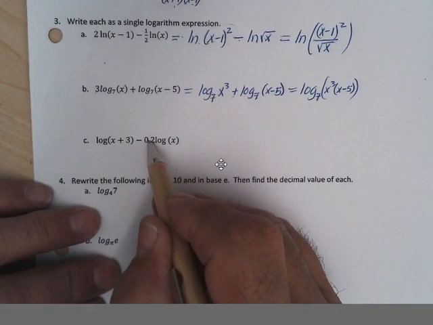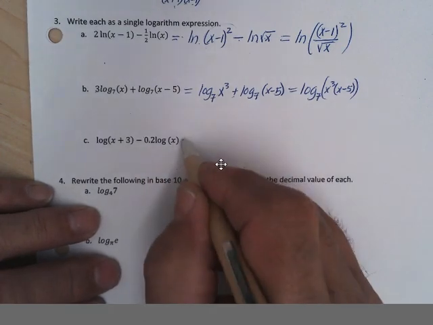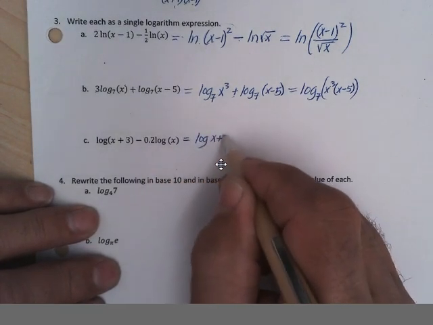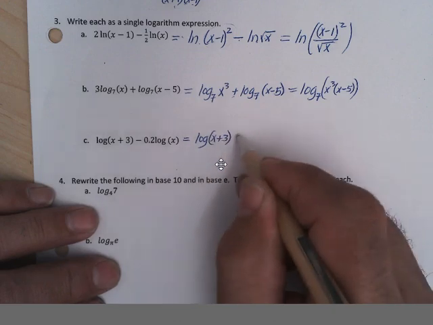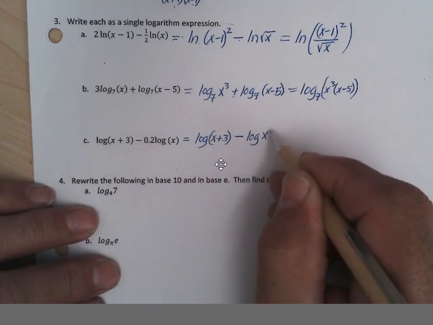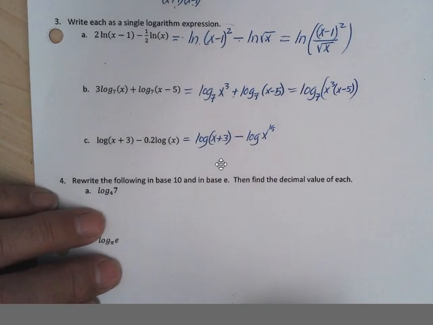This one, the power goes up. 0.2 is 1/5, so this becomes log of x plus 3 minus log x to the 1/5, or the 5th root of x.